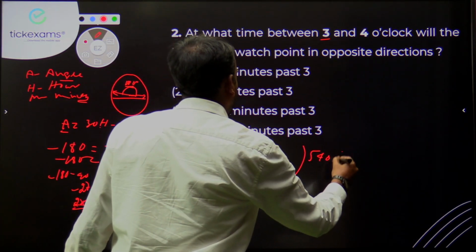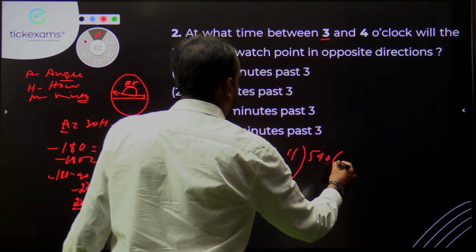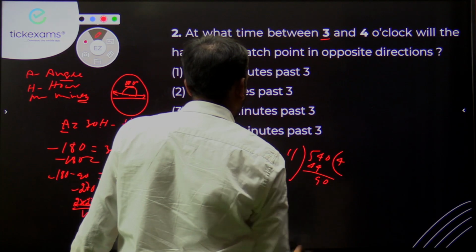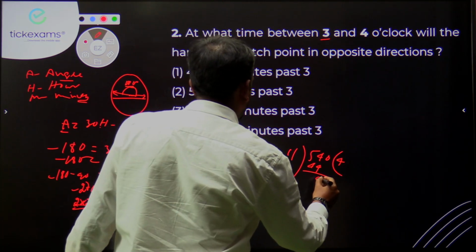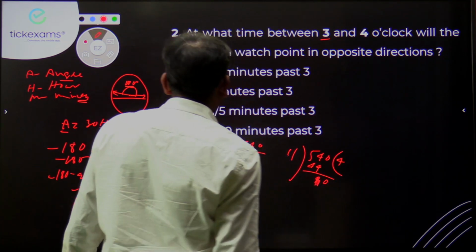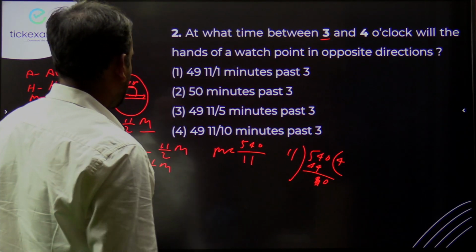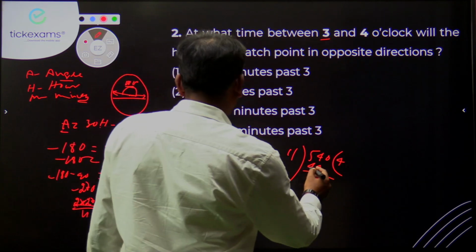Now when we divide 540 by 11, 11 4s are 44.